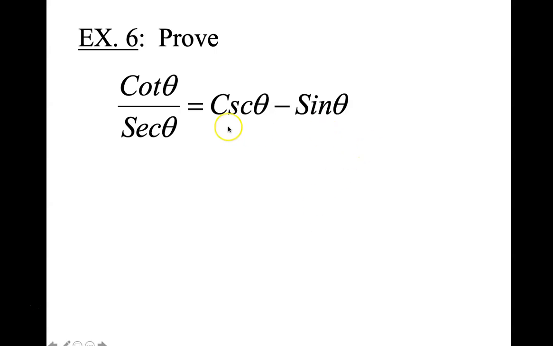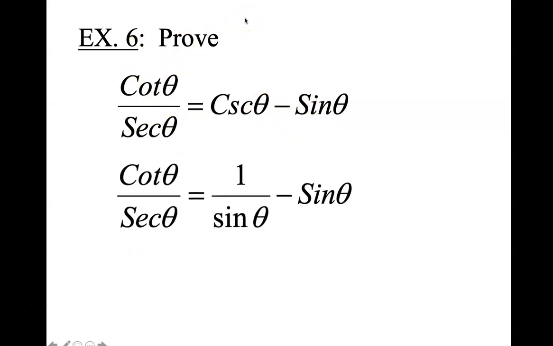And again, typically it is easier to turn addition and subtraction into multiply or divide, so I'm going to do just that. I'm going to turn this cosecant into 1 over sine, and I'm going to leave this sine alone. Now, in the last problem, we got common denominators, so you say, well, this sine doesn't have a bottom.